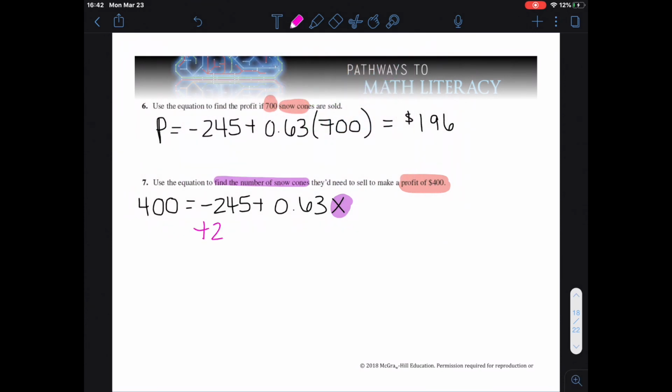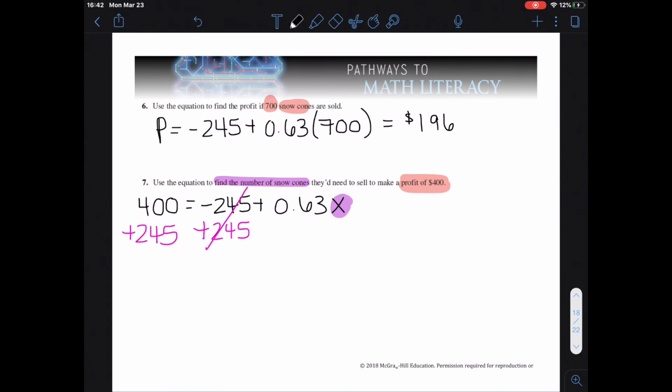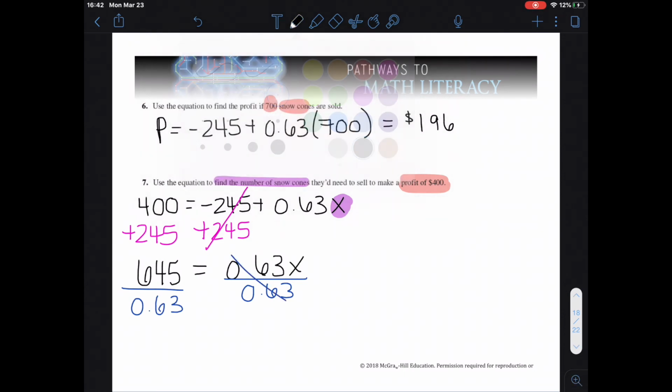We want to isolate x, so let's add this constant to the other side. So those two cancel. 400 plus 245 is 645, and that's equal to 0.63x. To solve for x then, you divide by the number out front. So those cancel, and we're left with x.